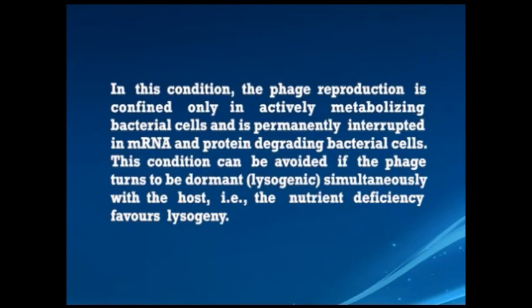In this condition, phage reproduction is confined only to actively metabolizing bacterial cells and is permanently interrupted in mRNA and protein degrading bacterial cells. This condition can be avoided if the phage turns dormant, that is lysogenic, simultaneously with the host. That is, nutrient deficiency favors lysogeny.